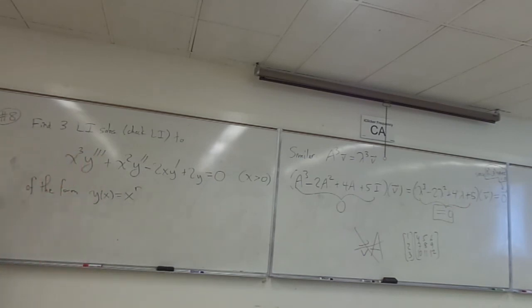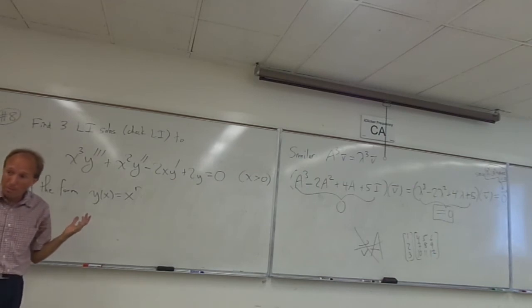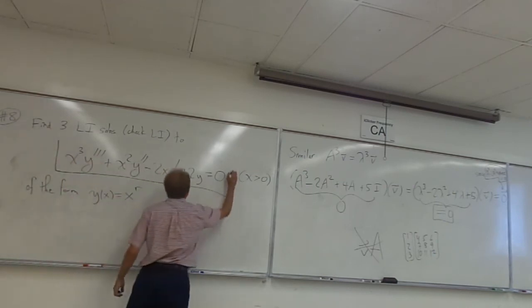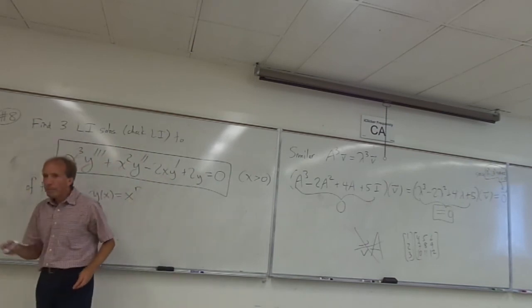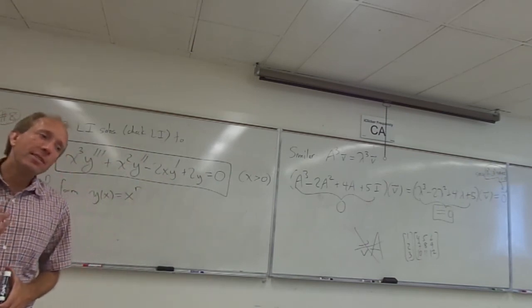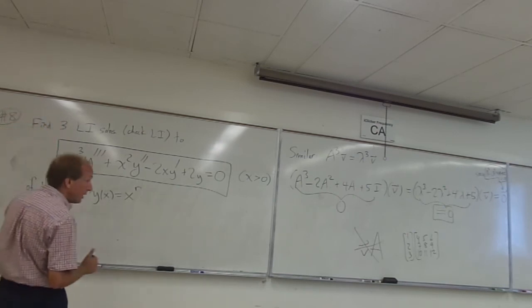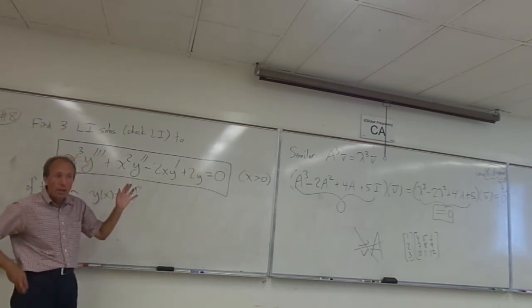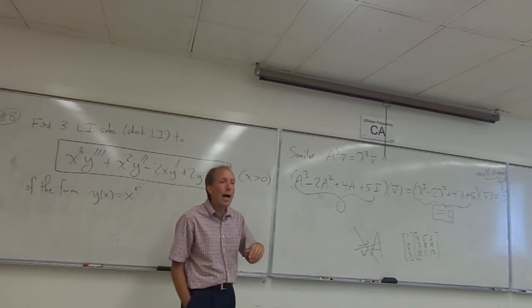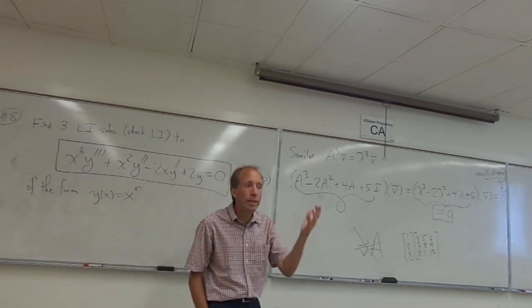So, the thing about this question is that this type of differential equation is not one that we study. I mean, it is a third order linear differential equation, but its coefficients are not constants. We don't have an auxiliary equation for this.